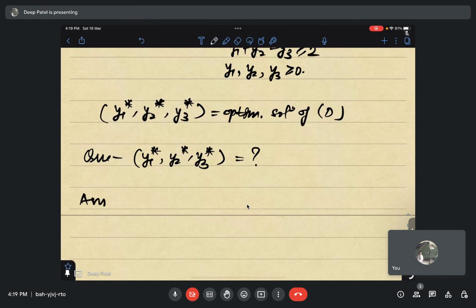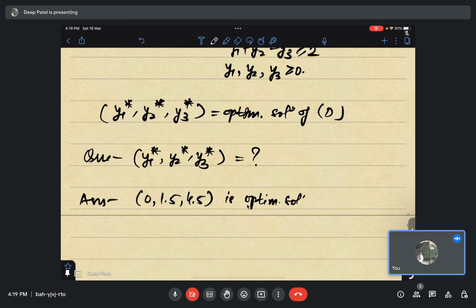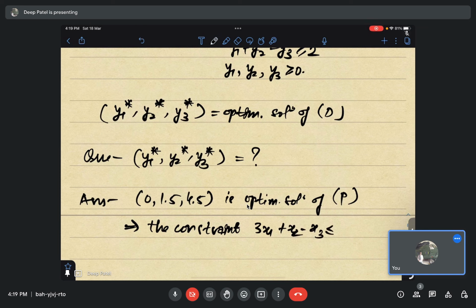So the fact that 0, 1.5, 4.5 is the optimal solution of the primal means constraint 3, 3x1 plus x2 minus x3, is inactive.